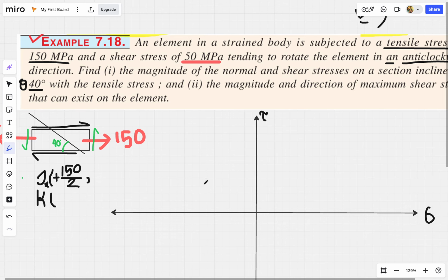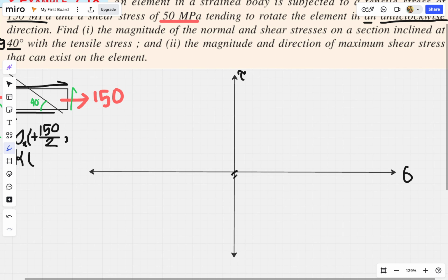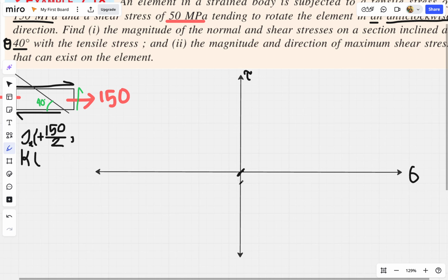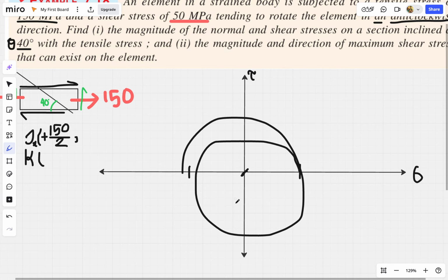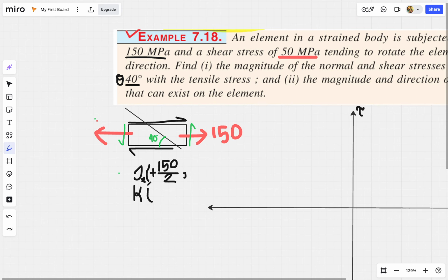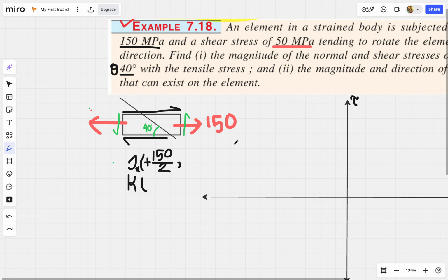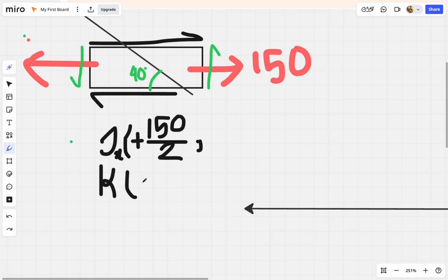Because the center point will be the 0,0 point, so the circle will form like this. As 150 is given, 150 by 2 will be one point, and the other will be minus 150 divided by 2.